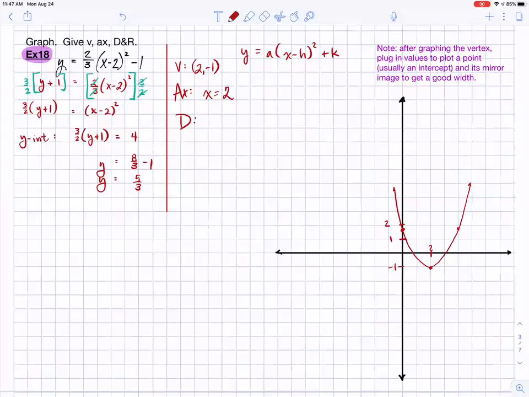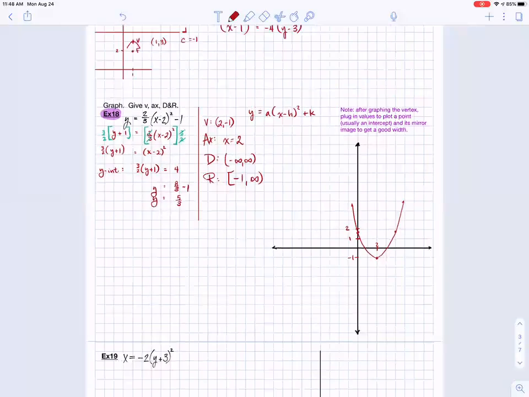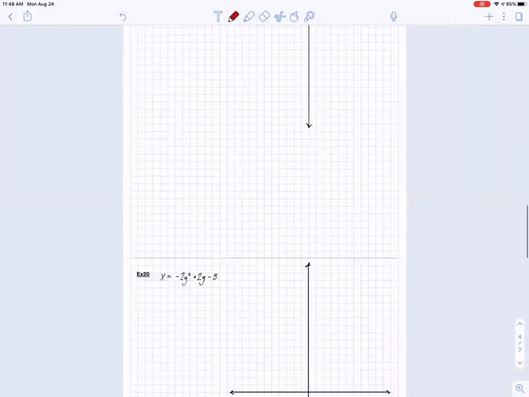Say it again. Was that you, Juan? Good. And then what's my range, folks? -1 to infinity. And what are you going to put on that -1? Square bracket. Okay, good. Good. All right, number 19, I'm skipping.